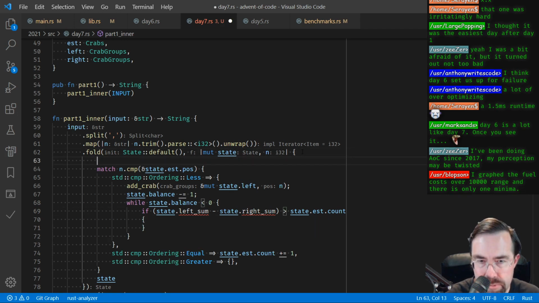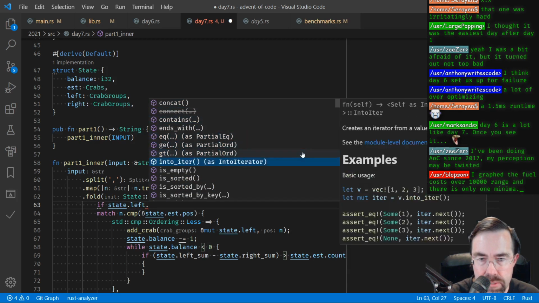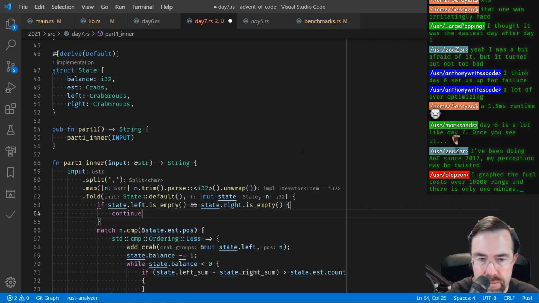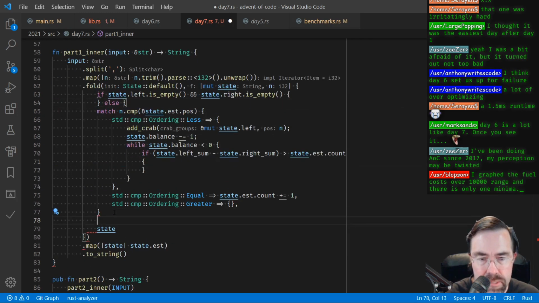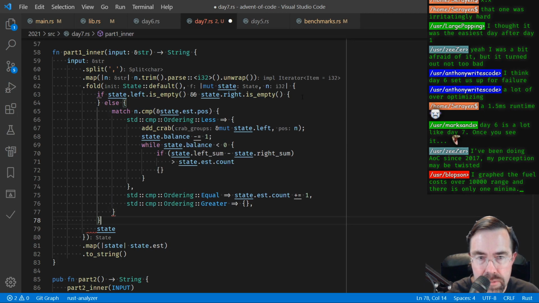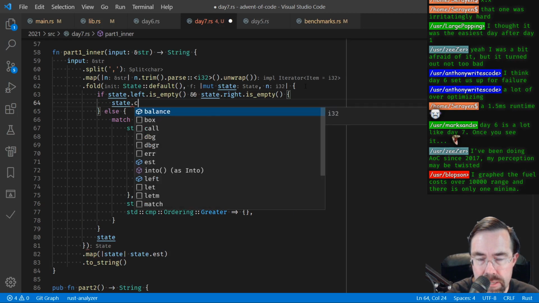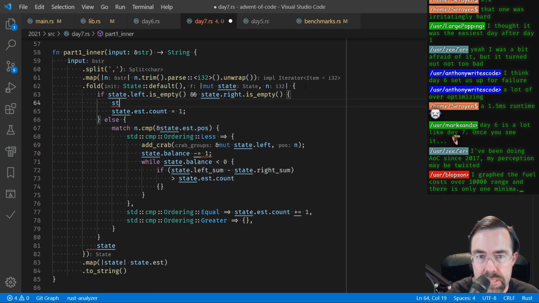What if I make that special case here? If state.left is empty and state.right is empty, then something, otherwise this and this something will be that. state.estimate.count equals 1, state.estimate.position equal n.